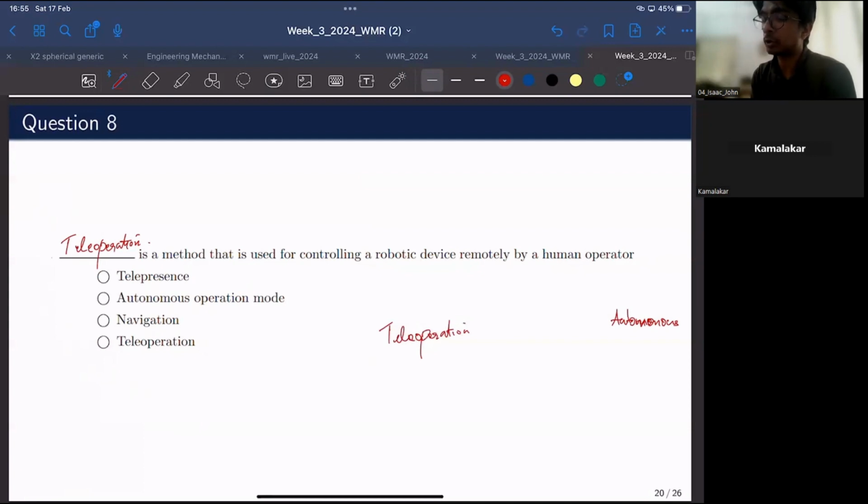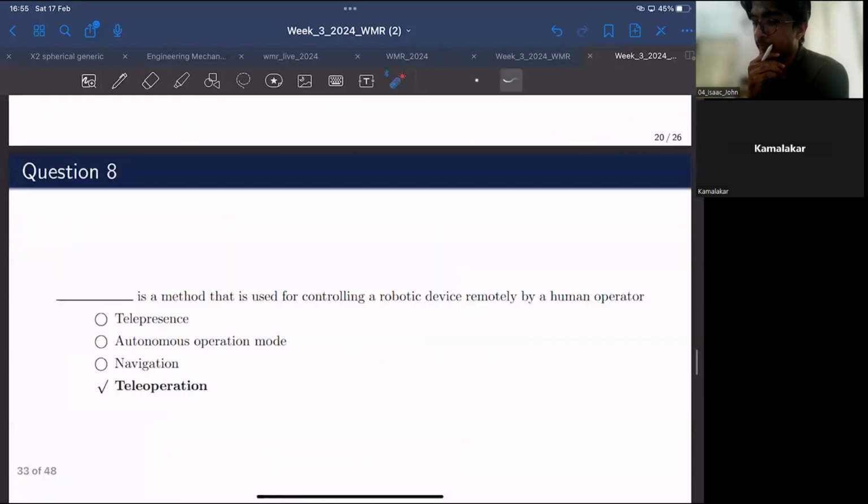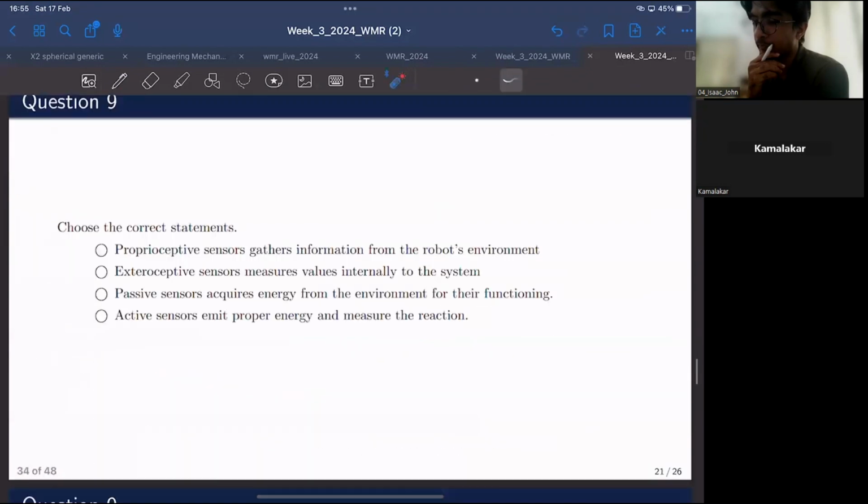Or if you simply build a mobile robot without any level of autonomy, and control all the motors using the inputs from a joystick, that can also be considered teleoperation. That's nothing but controlling a robotic device remotely by a human operator. So that is also a fairly simple question.